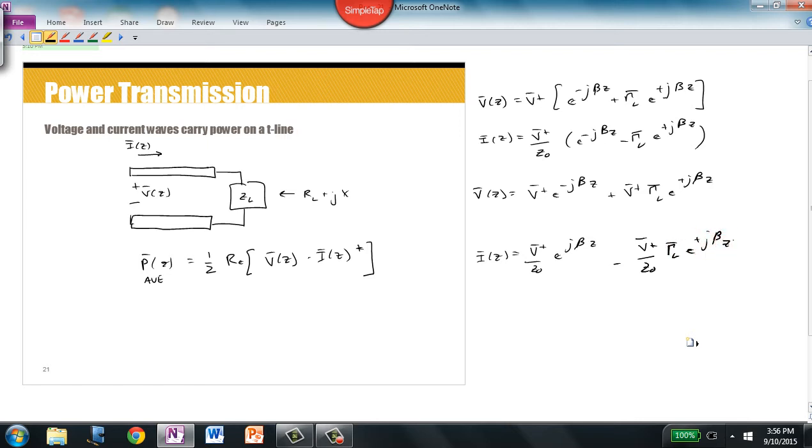And the reason I do that is I want to isolate what we'll call the incident voltage. This is the voltage waveform headed that direction. We'll just call it V bar incident of z. And then this is the reflected voltage. It's the voltage going back in that direction.